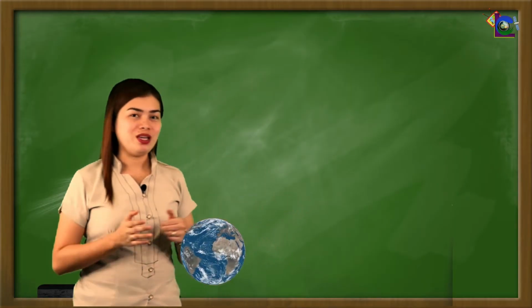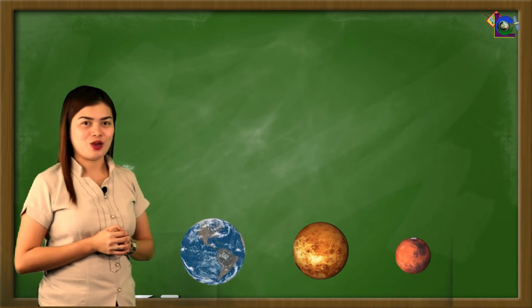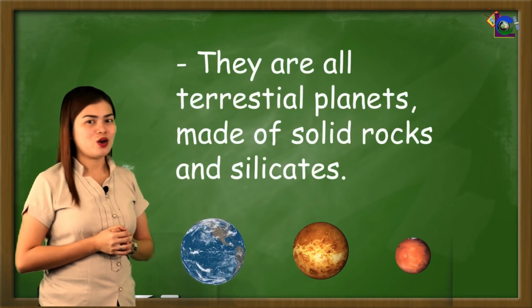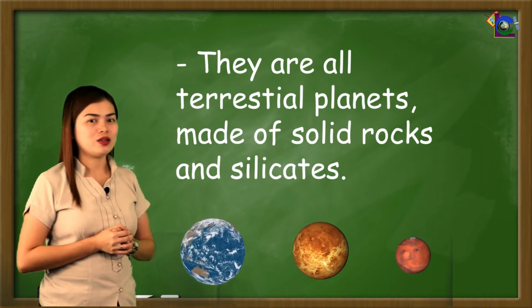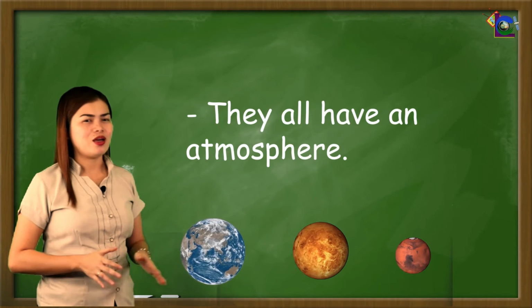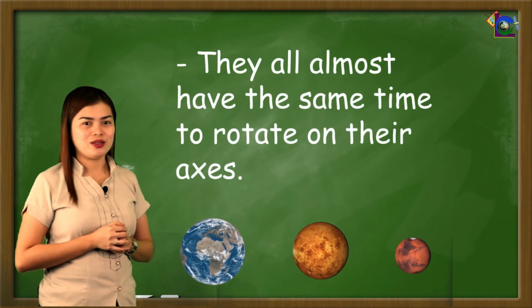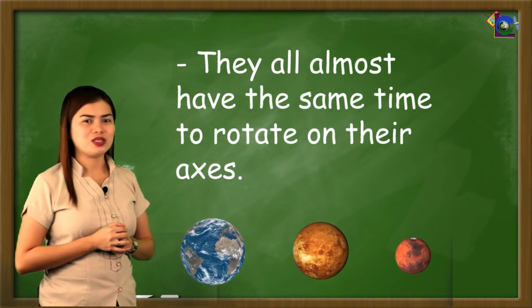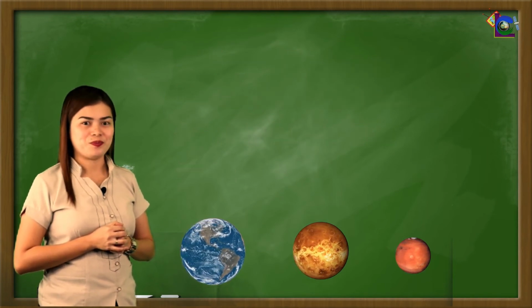Earth, Venus, and Mars may have similarities. First, they all are terrestrial planets, made of solid rocks and silicates. Second, they all have an atmosphere. Third, they all have almost the same time to rotate on their axis.